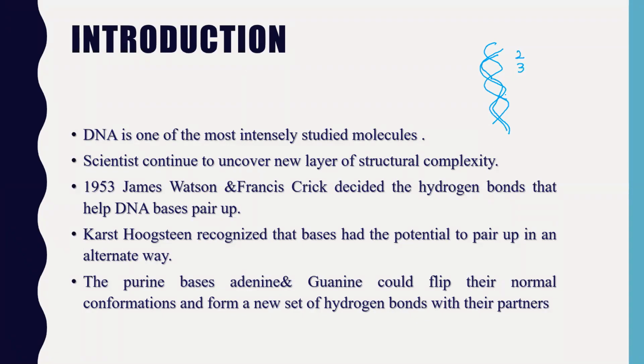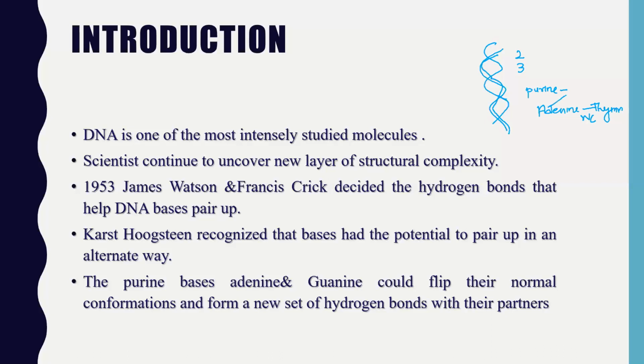And how were they base pairing? They were base pairing like the purine, which is the adenine and guanine. In the usual case, for example, adenine pairs with thymine. Adenine can base pair with the thymine using the Watson and Crick base pairing.